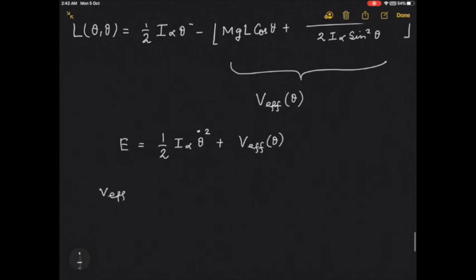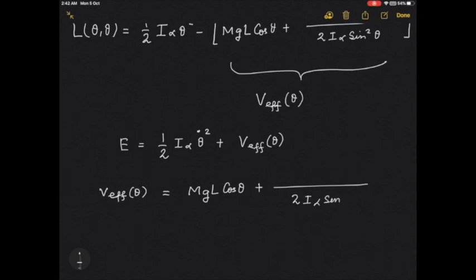Where what is V effective theta? Well, it has two terms, mgl cos theta, which is the original potential, plus the excess theta dependent term coming in the effective potential.